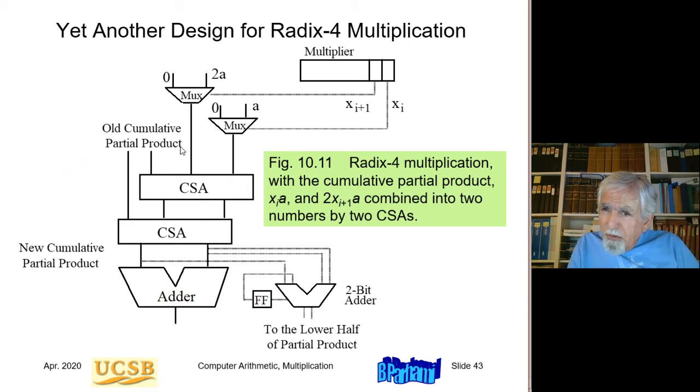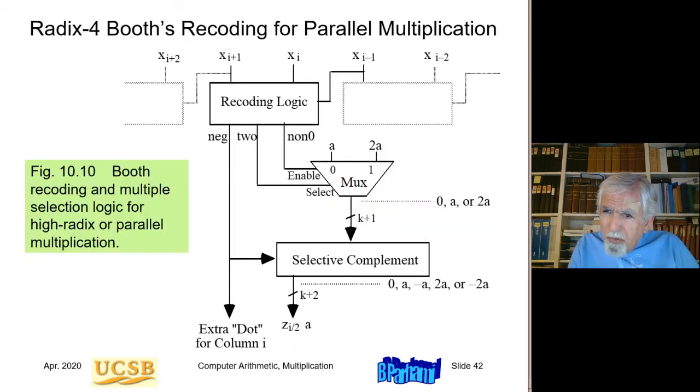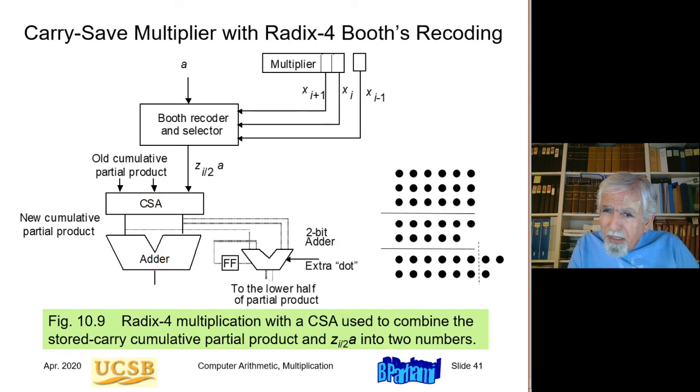So now the critical path goes, remember that the carry save result is fed back there in all but the last cycle. In the last cycle, we feed that through the adder. So in the regular cycles, not the final cycle, the critical path goes through a multiplexer, 2 carry save adders. Okay, compare this with the Booth version here.